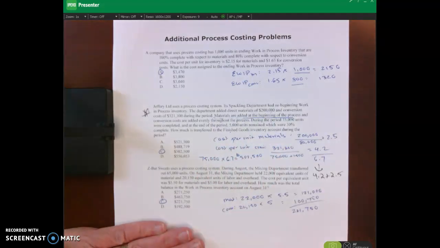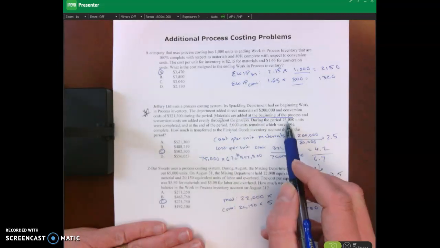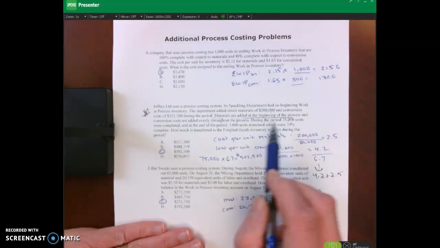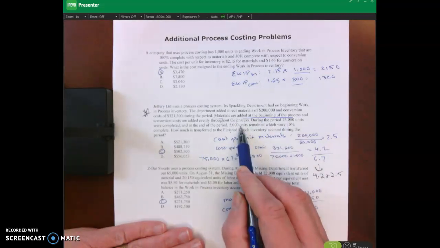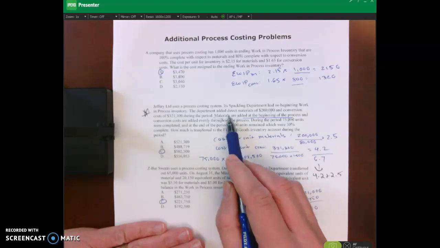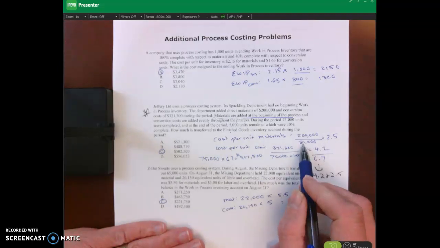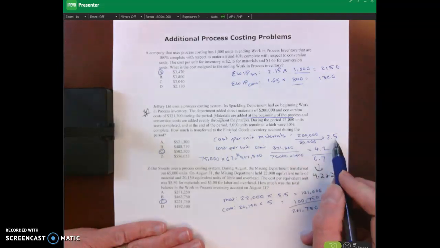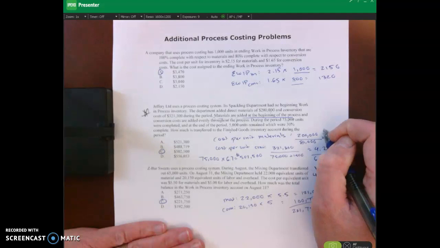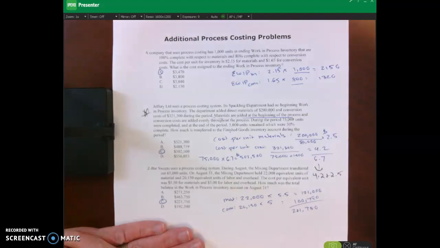So that means we are 100% complete in ending WIP with respect to materials. So I have my 75,000 units that I completed, plus my 5,000 units in ending WIP, times 1, because it's 100% complete, gives me the 80,000. I divide it, that gives me $2.50 is my cost per unit with respect to materials.